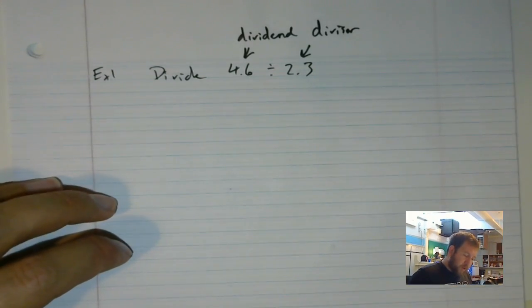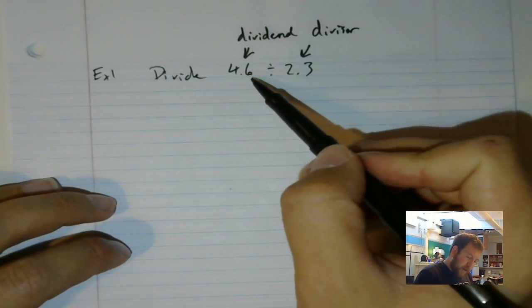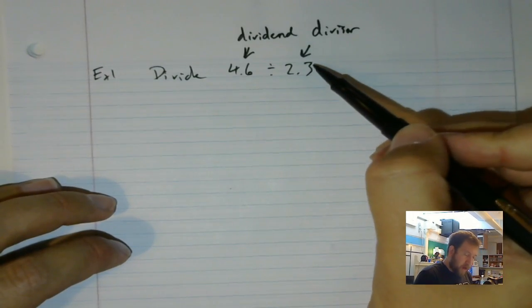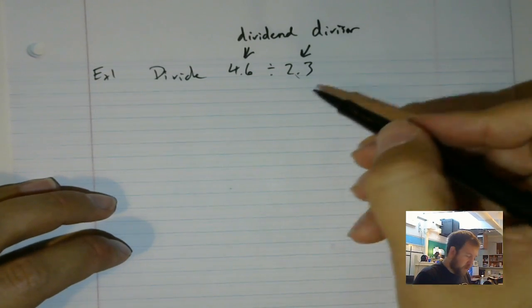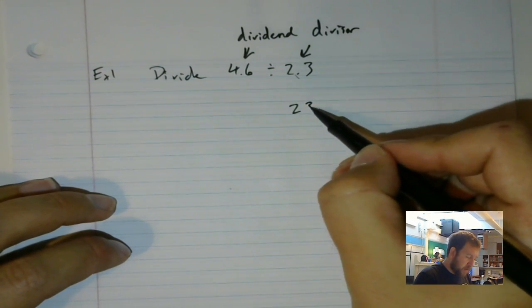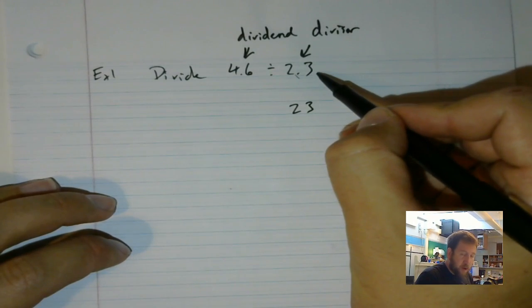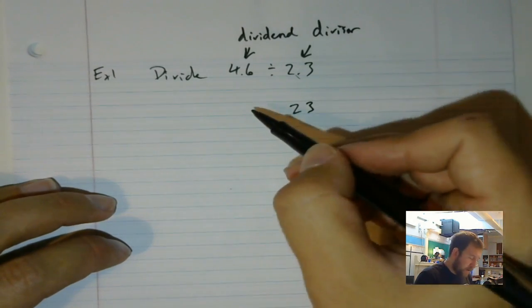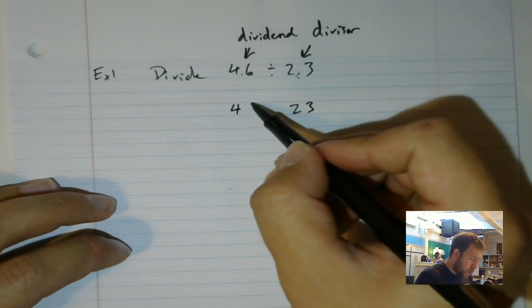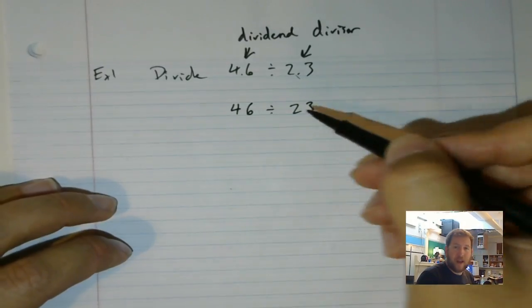So our first rule is we need to turn our divisor into a whole number. So I'm going to scoot my little decimal point over to 23. Now if I move the decimal point 1 place, I need to do the same thing with my dividend. So now I have 46 divided by 23.